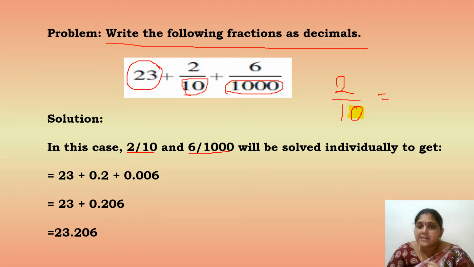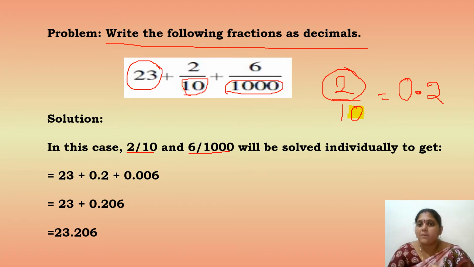How many digits are there in our numerator? Only one digit. So just write that one digit, then put a point before that. No numbers are in front, so simply write 0. So 2 by 10 we have converted.